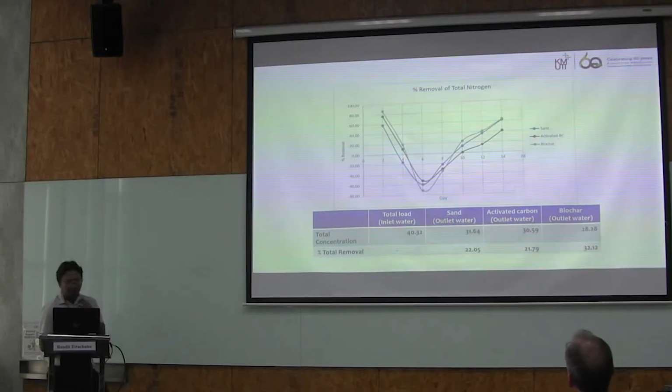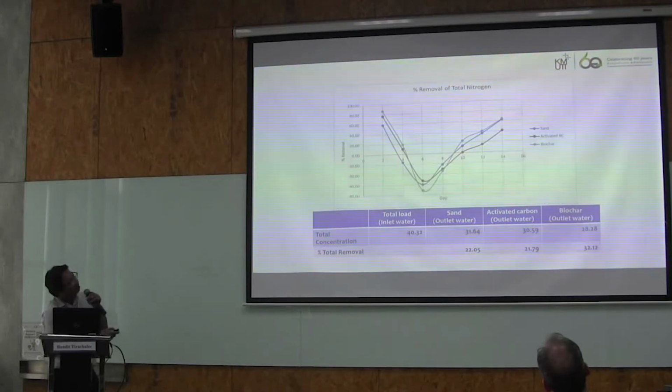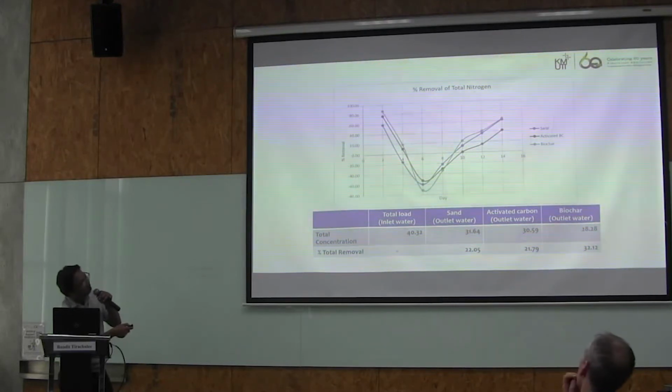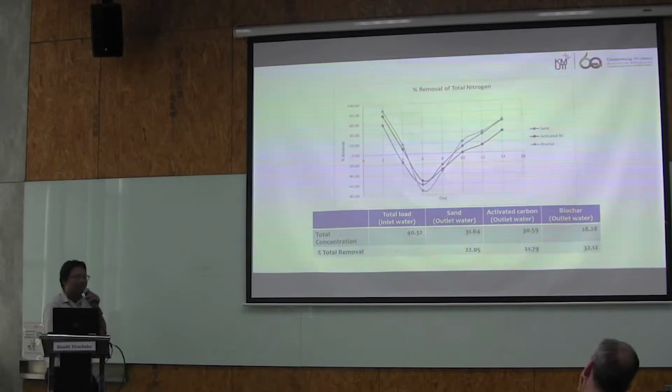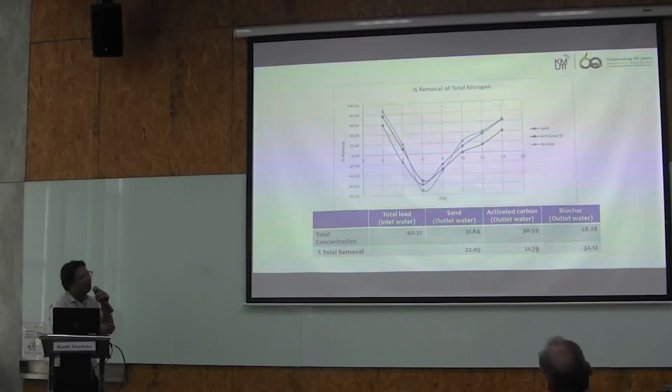Next is the removal of nitrogen. In the first 6 days of the experiment, there was negative removal of total nitrogen. That shows the reactor released total nitrogen into the outlet water.